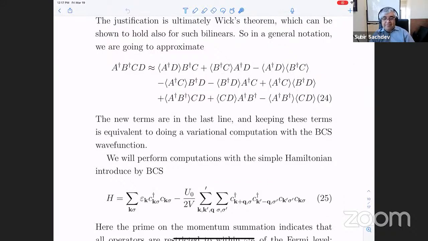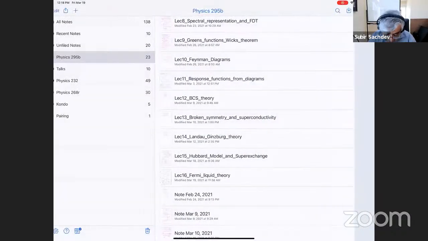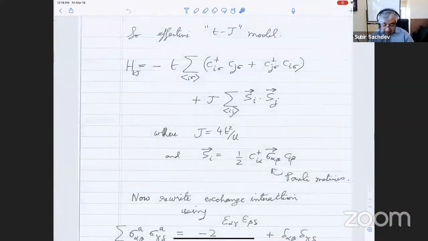Do all possible decouplings, and then see what you get. So we agreed when we did the BCS theory that we throw out this part because that's the Hartree-Fock terms. And again, I agree, let's throw those out. Then you have to look at this. But even in this context, this becomes more complicated, and I won't fully treat it, as you'll see, at least in the beginning. And then I'll also say a little bit about what happens if you just even did this line perfectly honestly. Okay, so let's go back.